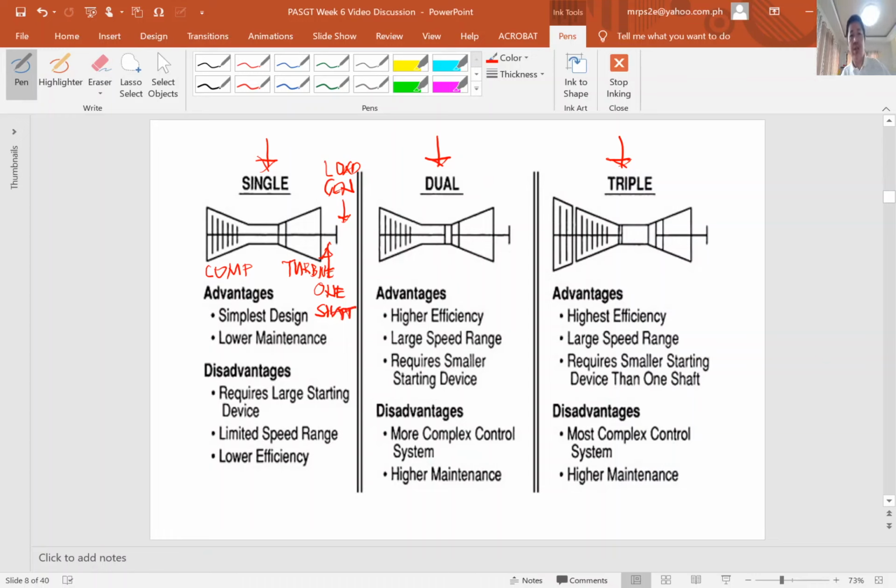While in a double shaft or dual shaft gas turbine, they are separate, you see. The shaft is separated in here.